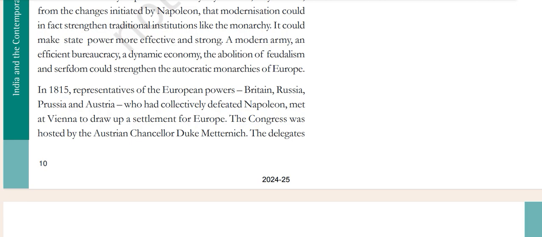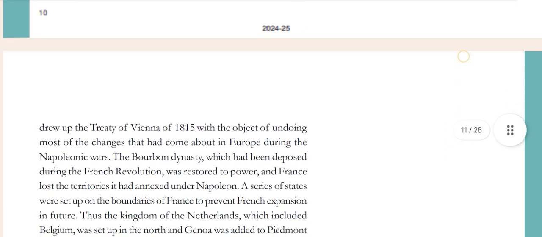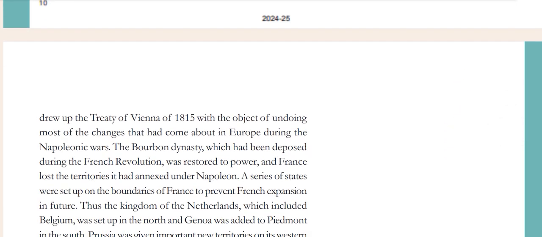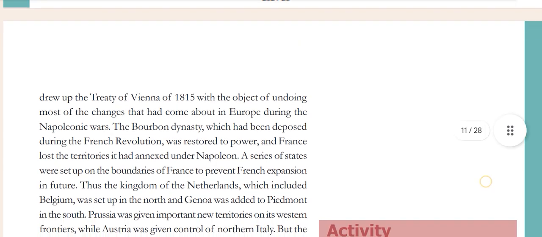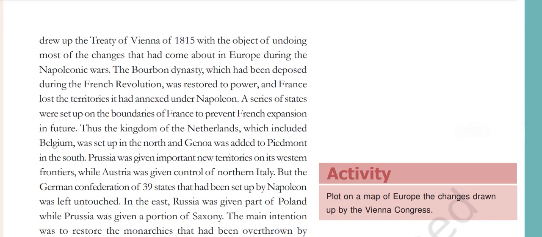The Congress was hosted by the Austrian Chancellor Duke Metternich. The delegates drew up the Treaty of Vienna of 1815 with the object of undoing most of the changes that had come about in Europe during the Napoleonic Wars.